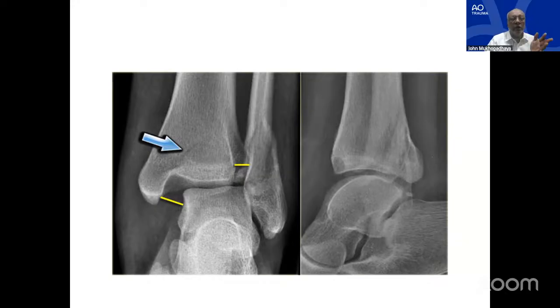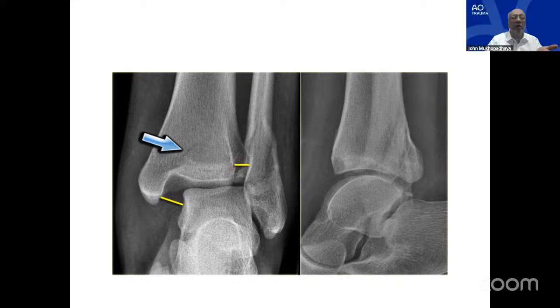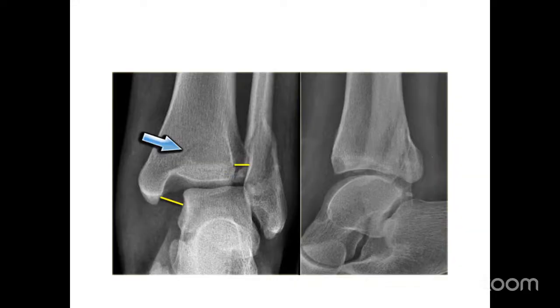Okay, so what do you see? What about the medial clear space? What is the normal medial clear space? Four, five. Yes, up to 4 millimeters is considered normal.